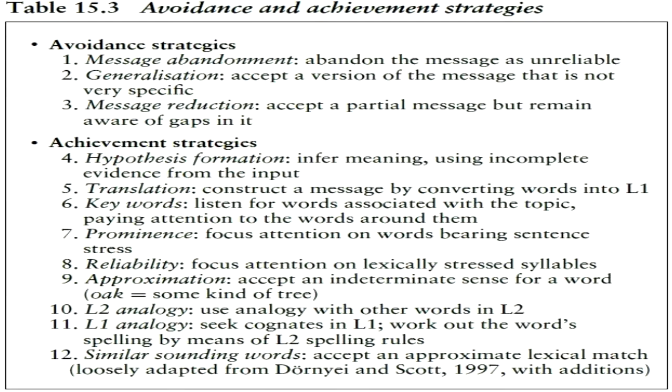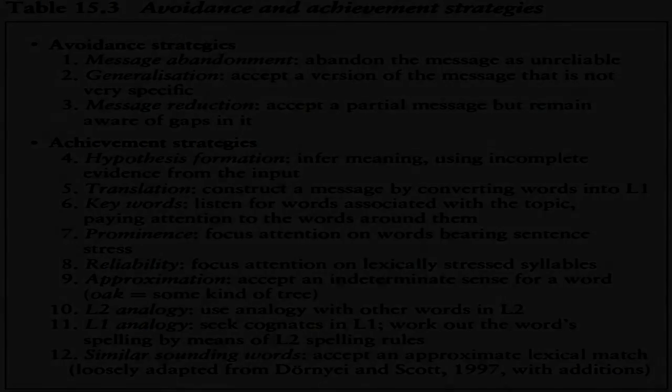These are based on sounds and words. In here you will find translation, keywords, prominence, and reliability, and so many others. The most important item in here is item number 4. It is a kind of macro strategy which features hypothesis formation.